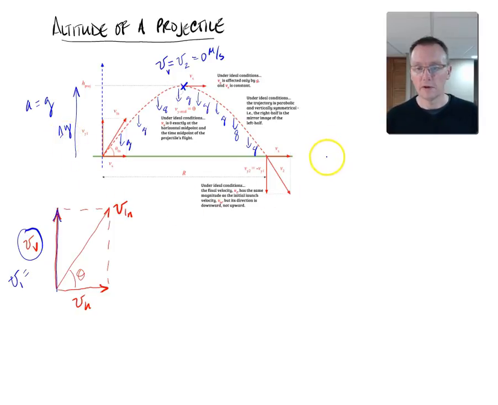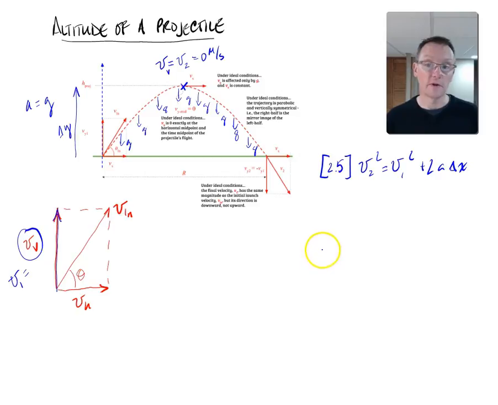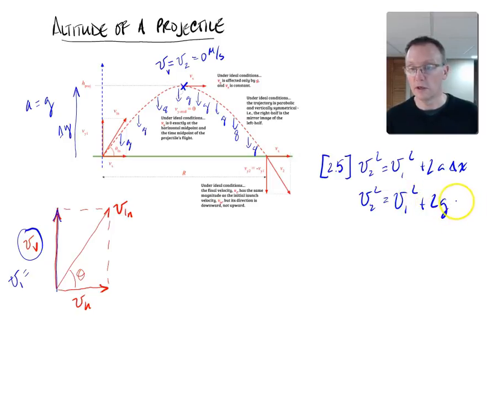And that, of course, is the no-time motion formula, which we know as 2.5, which is v2 squared equals v1 squared plus 2a delta x. Now I'm going to rewrite it in terms that we can use for this problem: v2 squared is equal to v1 squared plus 2g delta y.